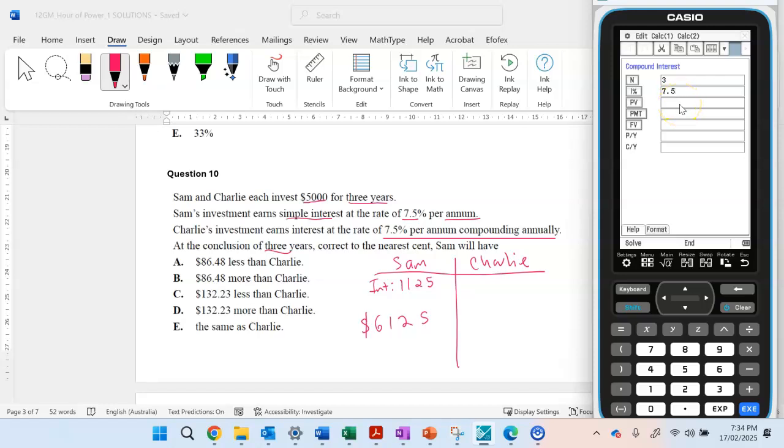Principal value is negative 5,000 since they've invested. No payments were made, so 0. Future value is what we're wanting, and it's compounding annually, so 1 and 1. So he's earned $6,211.48.